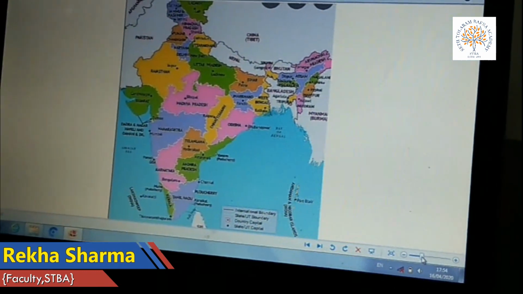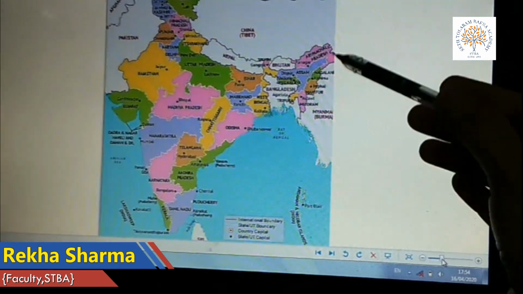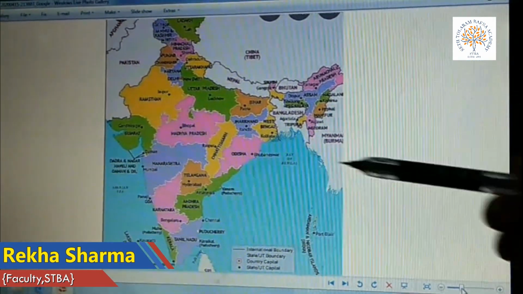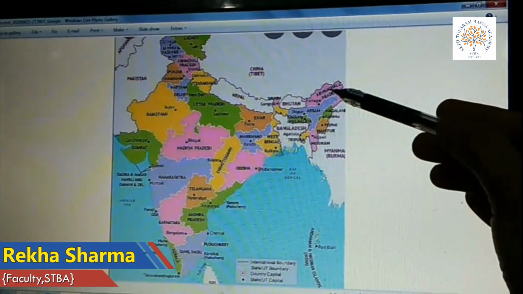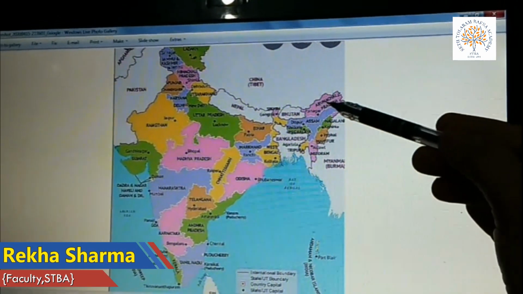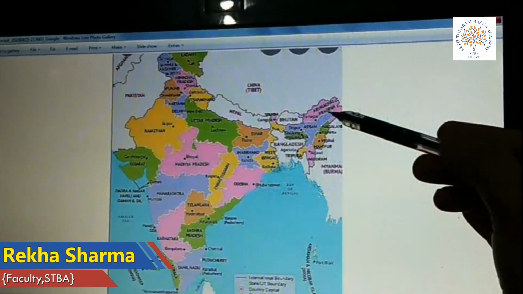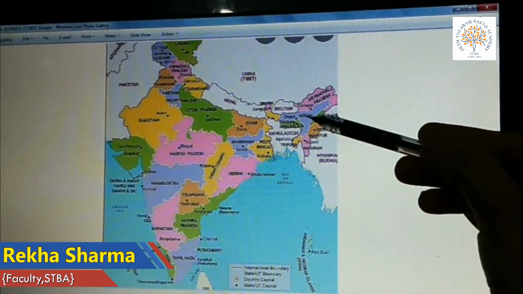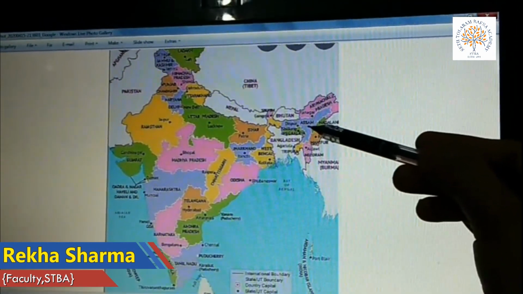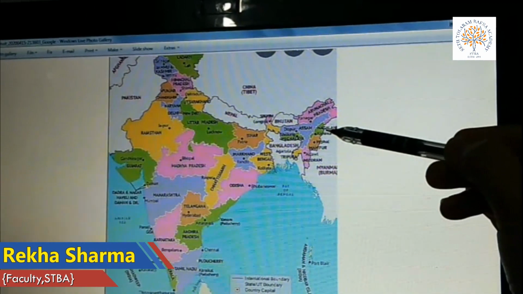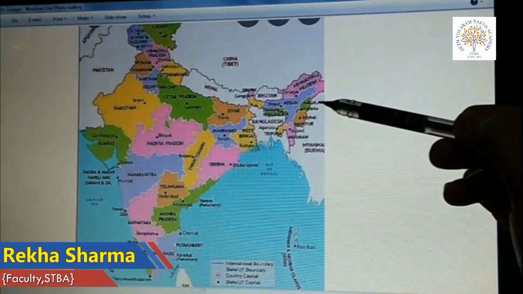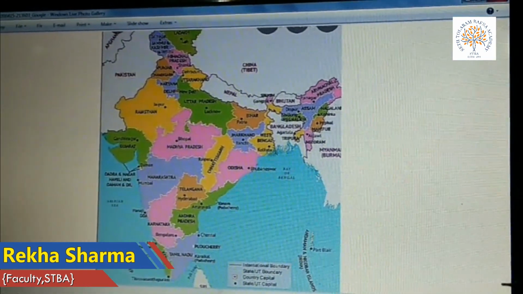Now children, we'll go to the northeast part. As you can see, these are the states. First, there is Arunachal Pradesh at the top and its capital is Itanagar. Now coming down, you can see the state Assam and its capital is Dispur. Near this, you can see the state Nagaland and its capital is Kohima.